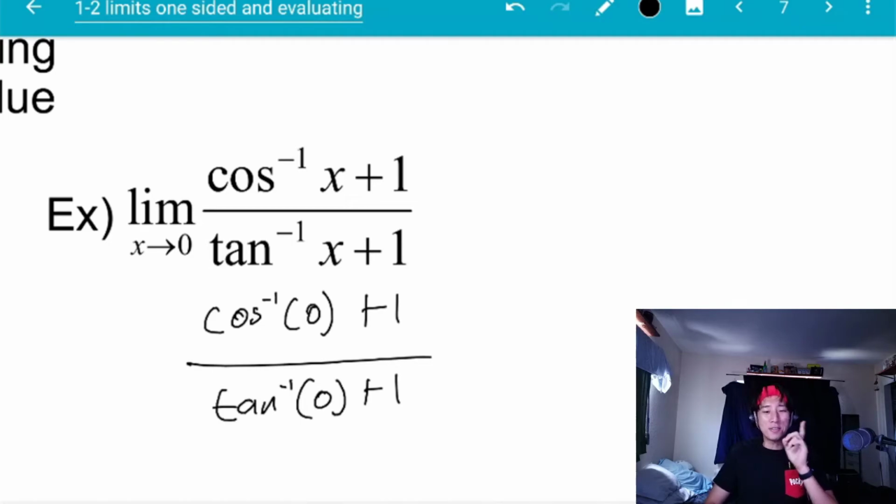What is cosine inverse asking for? Is it asking you for an angle, or is it asking you for a number? It's asking you for an angle. So if you're saying 1, you're saying that your angle is 1. Is that what you're trying to tell me? What angle gives you a cosine value of 0?